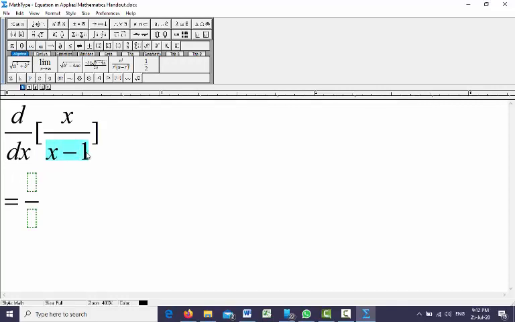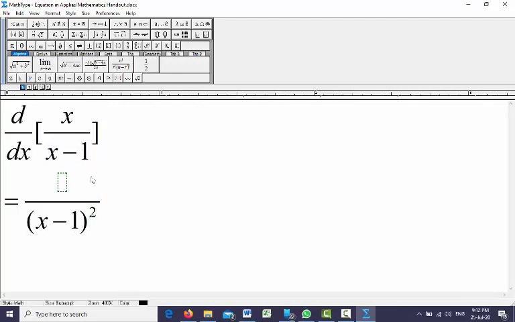And whatever you have in the denominator, you should get the square of that one in the denominator.